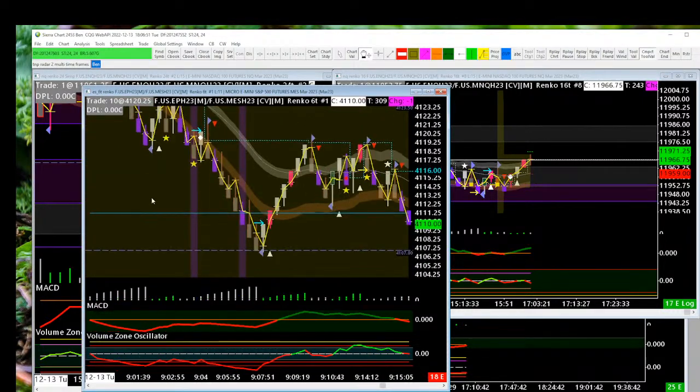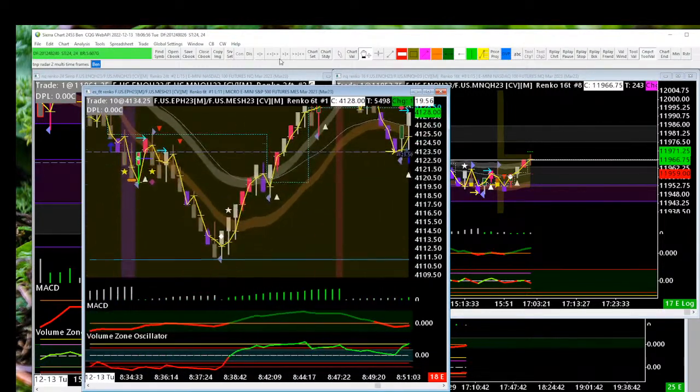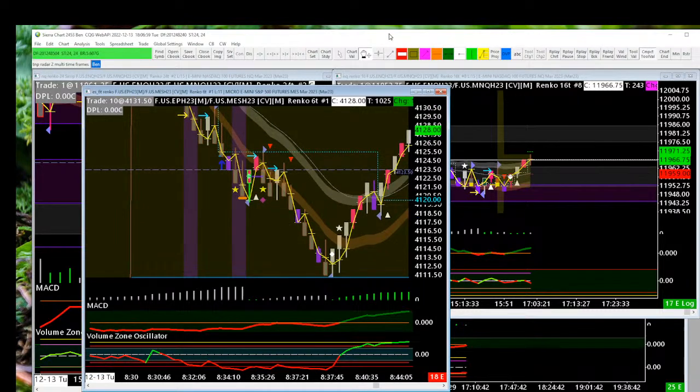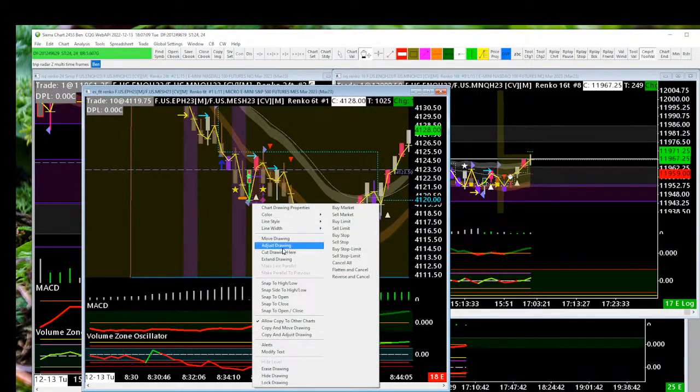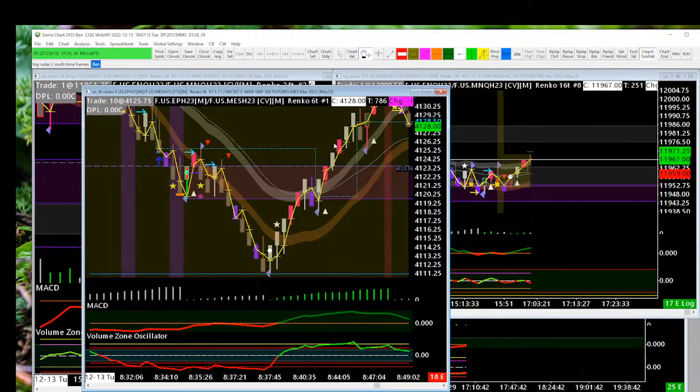Okay, so we need up and down ranging markets for this to target. Oh, here we go. Buyer. I should have held that. Extend. We get under the buyer. They don't reject it. We get over the buyer.